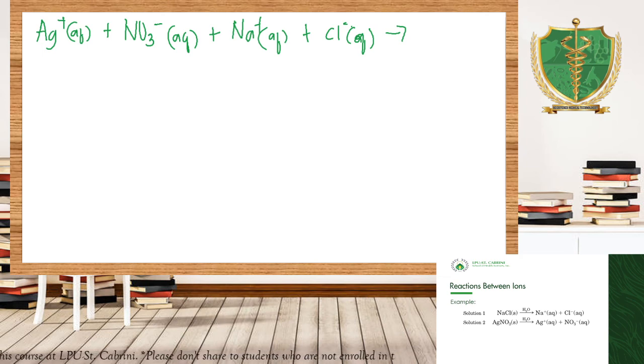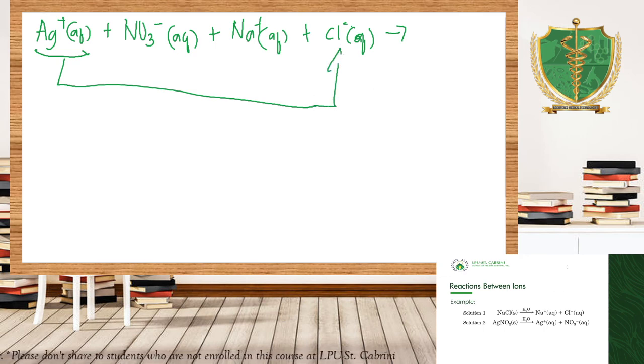Positively charged and negatively charged ions will change their partners. So silver, a positively charged ion, will have an affinity to a negatively charged ion. Originally, it was attached or bonded to nitrate. Since they split, it will now have your chlorine. Well, for sodium and nitrate, they will pair up.